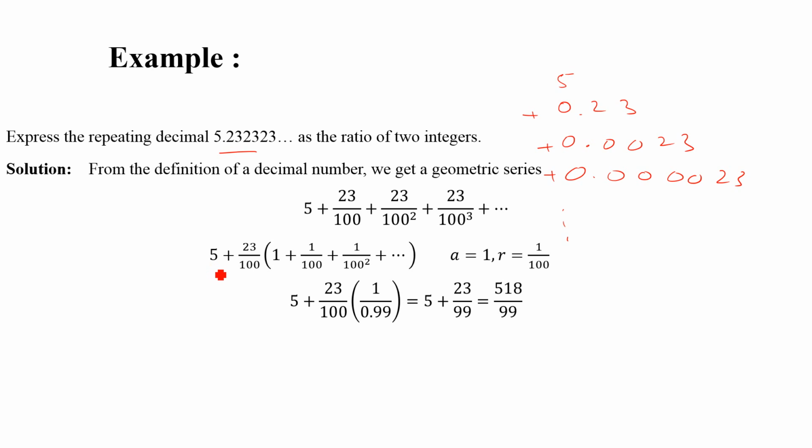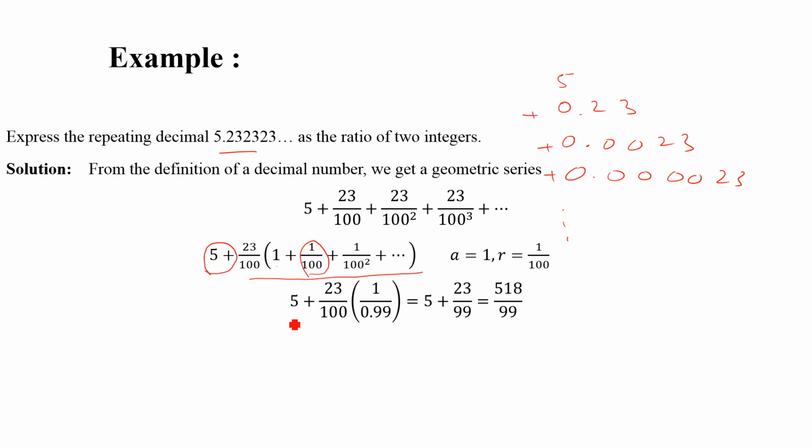So first we can isolate 5, and the rest of the terms are a geometric series with the first term 1 and the common ratio 1 over 100.